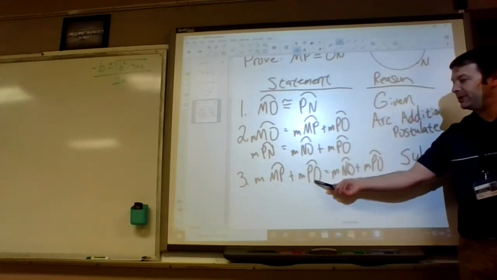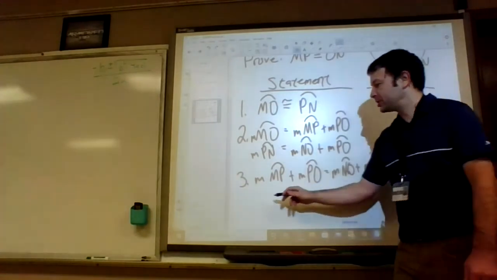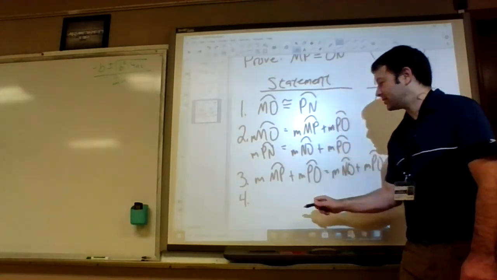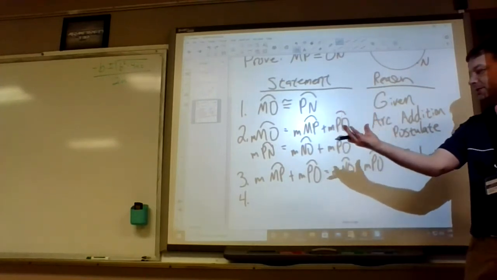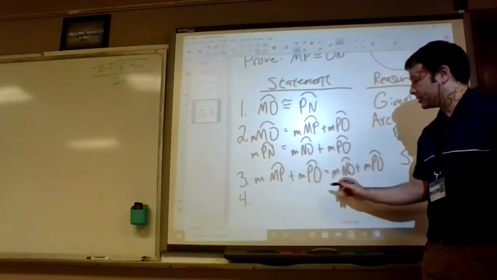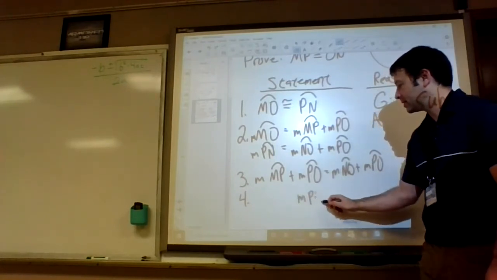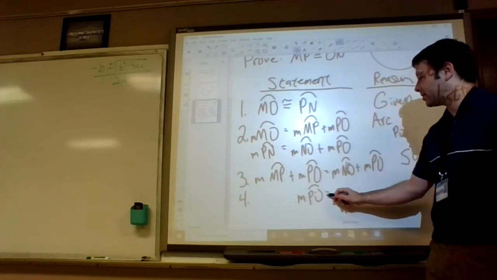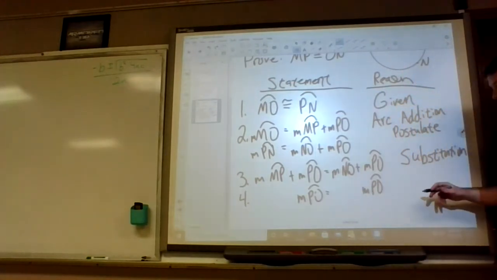So I need to get rid of these POs. What the book usually does is subtract it from both sides, like an algebra principle: you can subtract the same value on both sides. So usually what the book does is they write something like this. Ah, crud. Okay, hold on just a second.